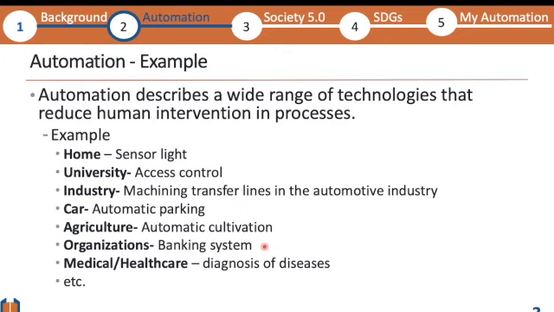And in hospitals and medical healthcare, you also have examples of automation, like disease diagnosis and others. So these are some examples of automation everywhere we go, from your home to everywhere.